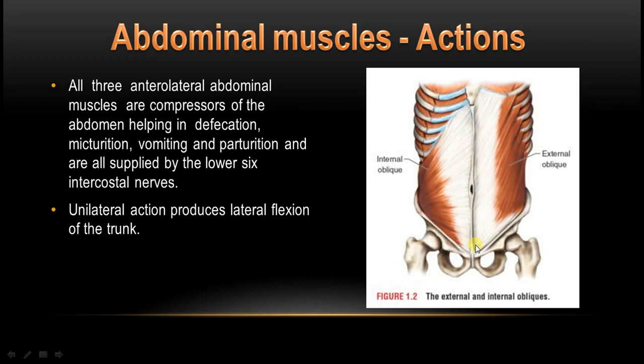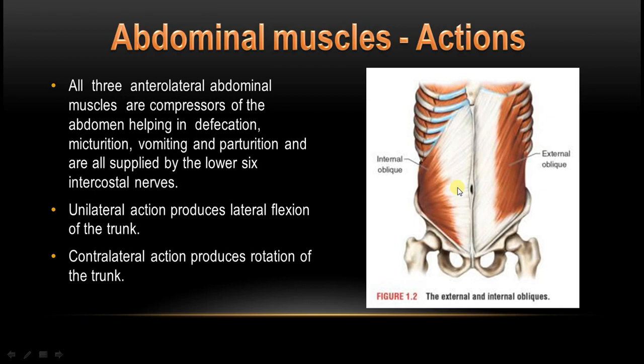When you want to bow forwards, forward bending of the trunk is mainly by the bilateral action. Unilateral, only the muscle of one side acts, it brings about lateral bending of your trunk, lateral flexion. Contralateral brings about rotation of the trunk. So, these are the actions of the anterior abdominal wall muscles.